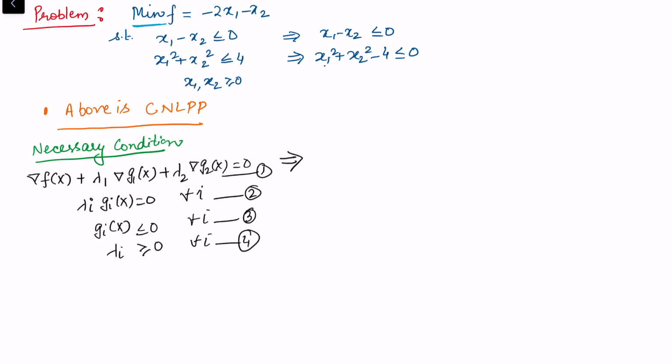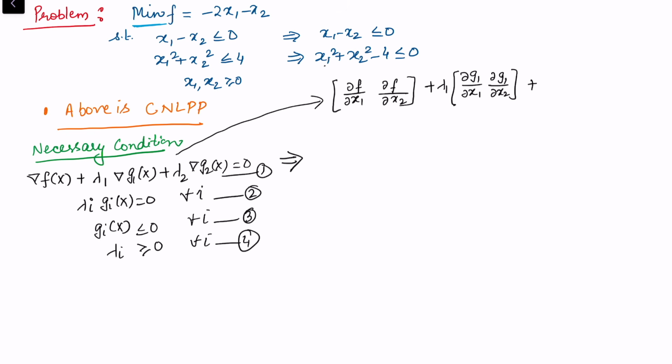Now I'll solve this first case. When I solve the first case, we get two equations in the same format: ∂f/∂x1 and ∂f/∂x2, plus lambda 1 times the first constraint, meaning ∂g1/∂x1 and ∂g1/∂x2, and lambda 2 times ∂g2/∂x1 and ∂g2/∂x2, equal to 0.